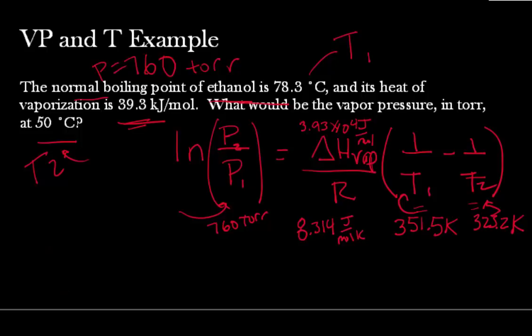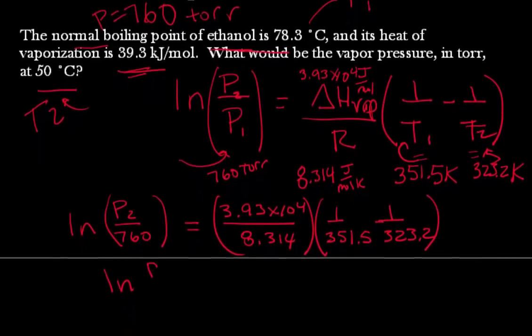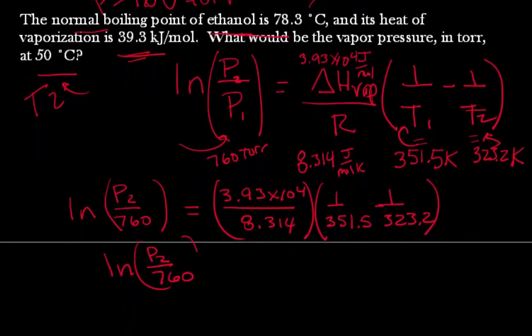So let's put these numbers in, and we'll say the natural log of P2 divided by 760 equals, and I'm going to leave the units off for now for clarity since we sorted out all of our units previously, 3.93 times 10 to the 4th divided by 8.314, times 1 over 351.5 minus 1 over 323.2.